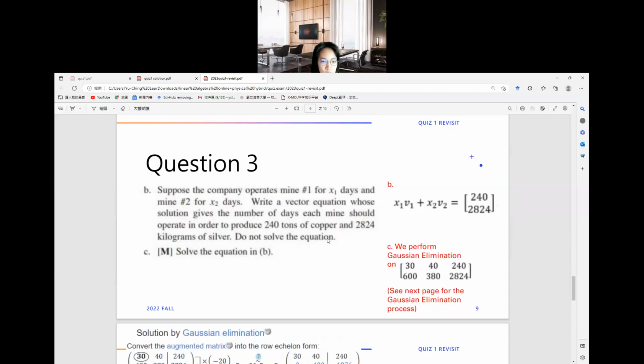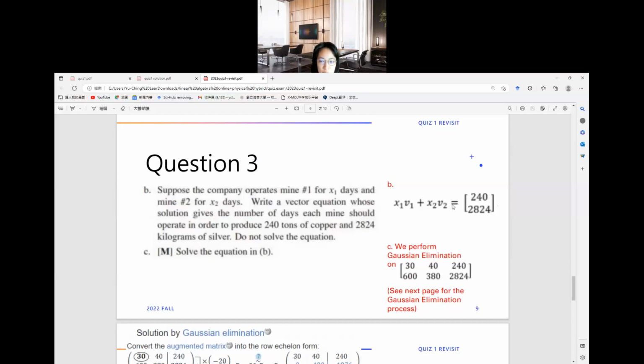The second half of the question asks us to not just write down this mathematical expression, but also equate the output to 240 units of copper and 2,824 units of silver.